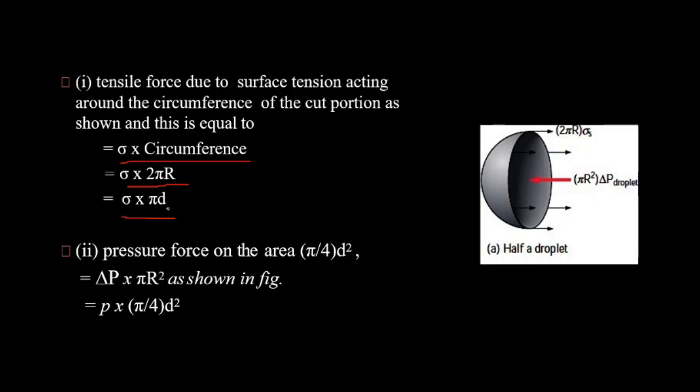So two forces act. One force is the tensile force due to surface tension, and the other is the pressure force on the area pi by 4 d square. What is the area of the circle? Pi by 4 into d square. So the pressure, delta p or small p, into the area of the circle, with respect to radius pi r square, or p into pi by 4 into d square.